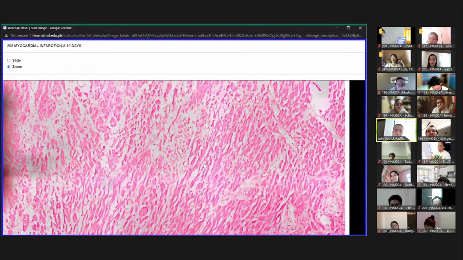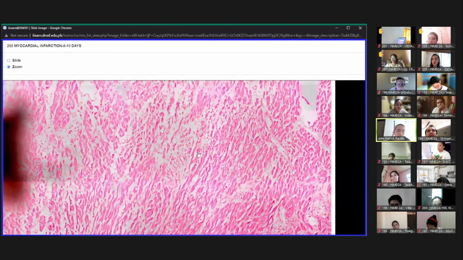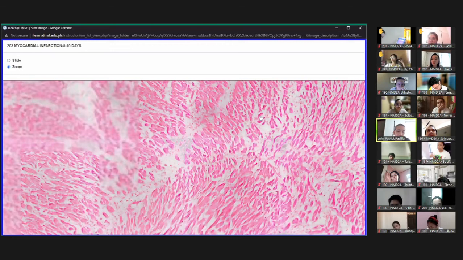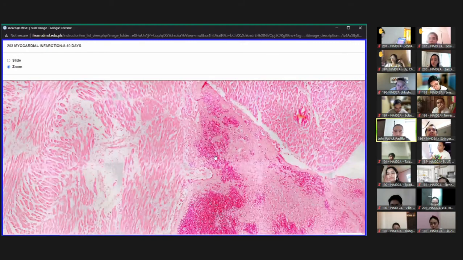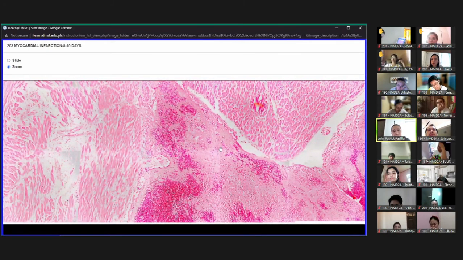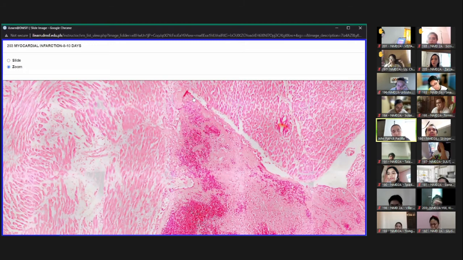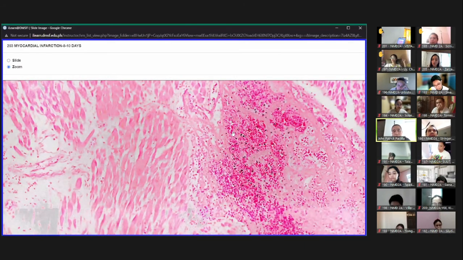In this particular area, not so good. I think those are the areas that you need to identify. Okay. Of course, this one would be part of granulation tissue, wherein you have fibrin deposition, okay, as well as red blood cells in the area.